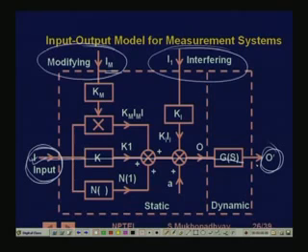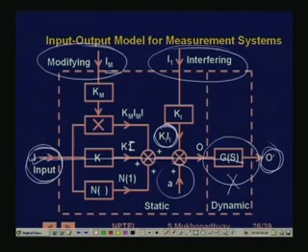So we say that in the ideal case, you can forget about the dynamics for the time being if you only consider steady state readings. Then the output is actually kI, this is not 1, this is I, so kI plus A. Now along with that, if you have interfering inputs, then it is going to be kI plus A plus k1 I1.